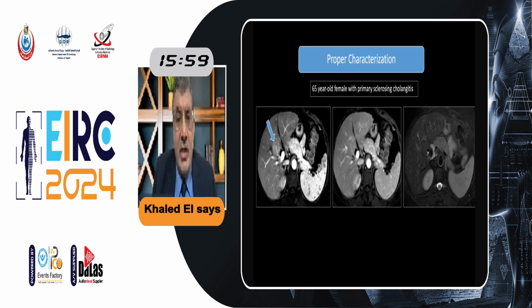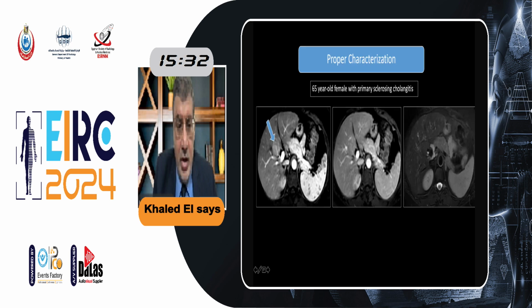The second thing is proper characterization, and this is a case of a 65-year-old female with primary sclerosing cholangitis. In case of primary sclerosing cholangitis, you need to pay attention in the liver and try to exclude any possibility of cholangiocarcinoma, for example. And here we see this enhancing observation in segment 4 of the liver, which becomes iso-intense in the venous phase.